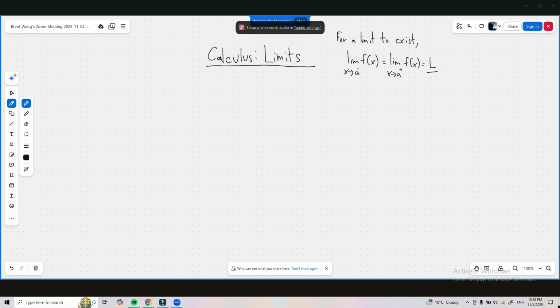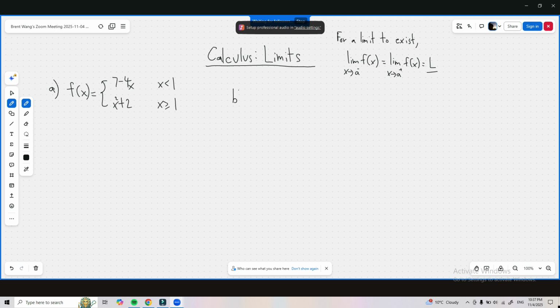Now, with that in mind, let's do an example. I have two piecewise functions. The first one is f of x equal to piecewise 7 minus 4x for x less than 1, and x squared plus 2 for x greater than or equal to 1.